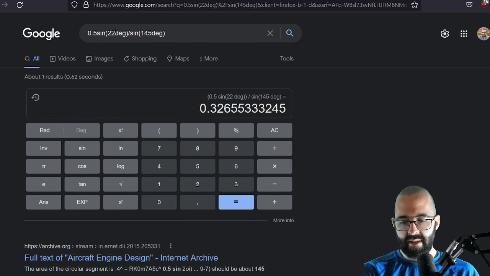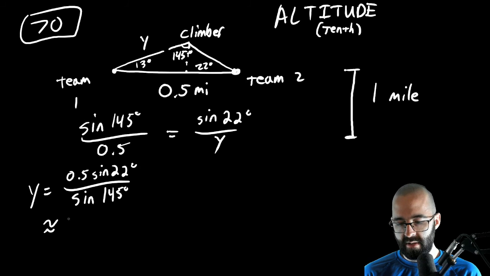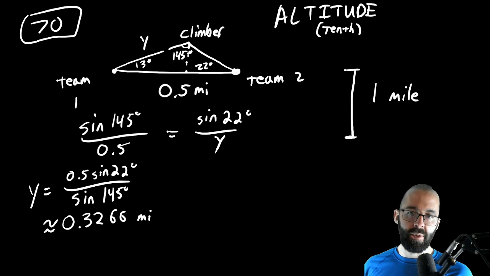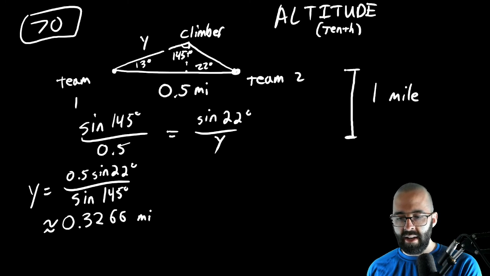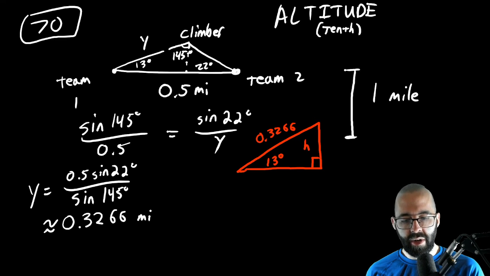And that's going to give us 0.3266 miles. So they're about a third of a mile away visually from the climber. And now we can look at this smaller triangle. Right, y is at 0.3266. This is 13 degrees, and we want to know h.